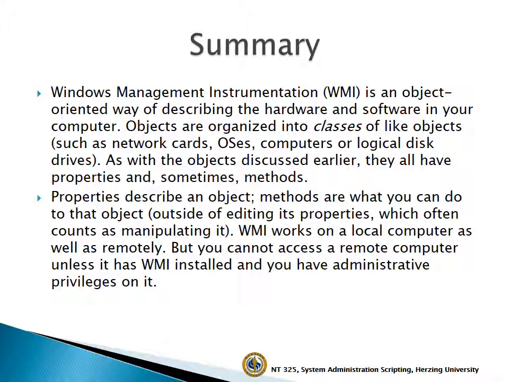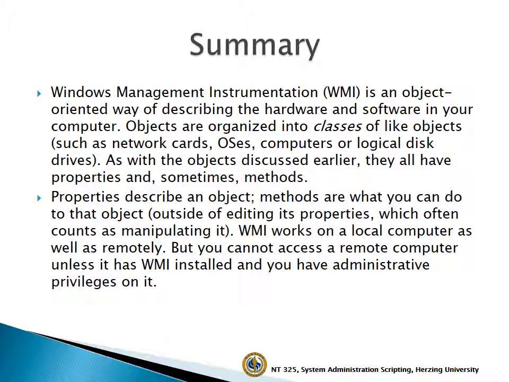So to summarize this week, Windows Management Instrumentation, also called WMI, is an object-oriented way of describing the hardware and software in your computer. Objects are organized into classes of like objects, such as network cards, OSs, computers, or logical disk drives.